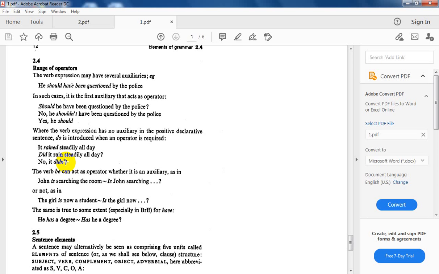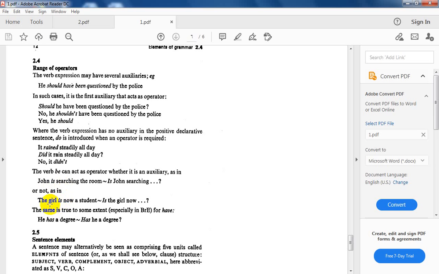Or it can be, at the same time in the same sentence, the operator and the main verb. Look at this one. John is searching the room. Is here is totally, definitely only an operator by which I can negate, by which I can make a question.